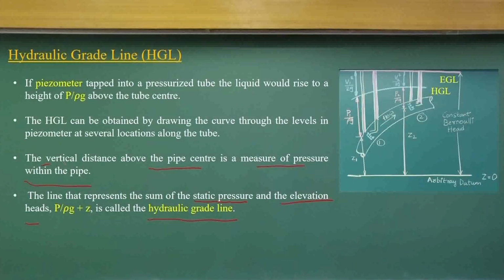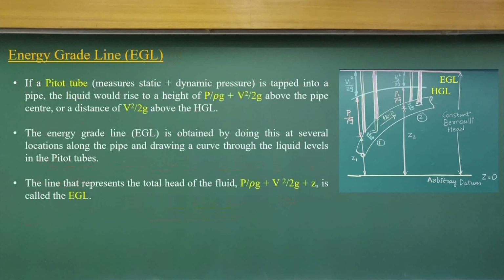What this sentence is saying is that even if you put the piezometer here, whatever pressure we get, that is the pressure within the pipe, and it is measured as more or less the same value. The elevations will not differ much. This is what I explained.